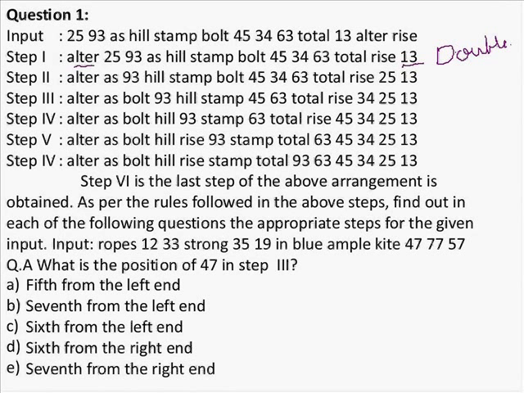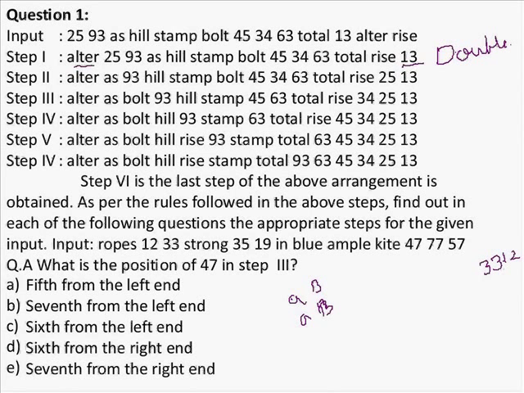Input 1233 in blue ample like what is the position of is 47 in step 3. Now I had said single words. So first of all, you will write like this, blue. First step, blue will come here and 12 will come here. Then blue. Second step, after that blue, the first word will come, ample, blue. Then ample blue, and after 12, what will come here? 33.